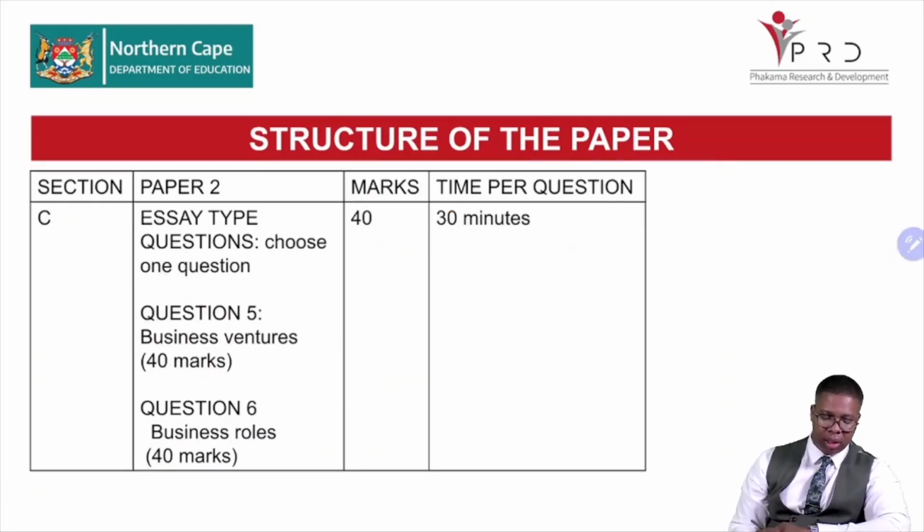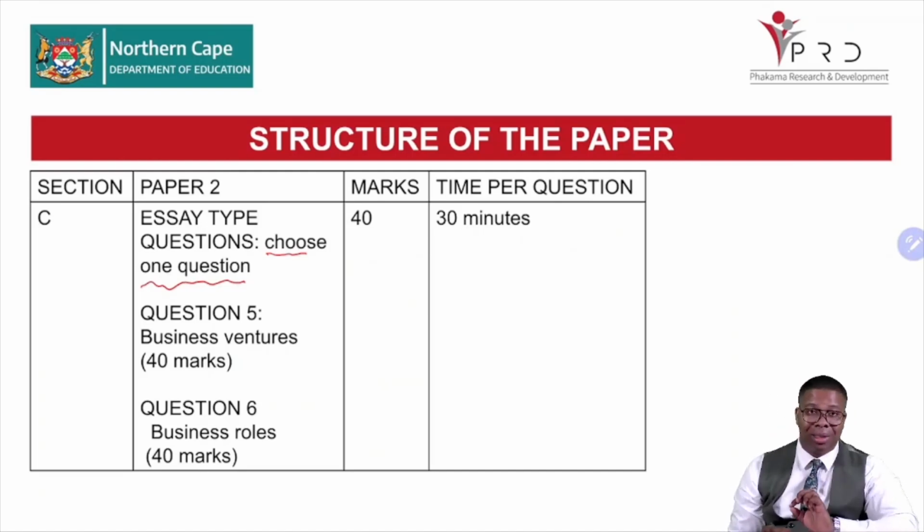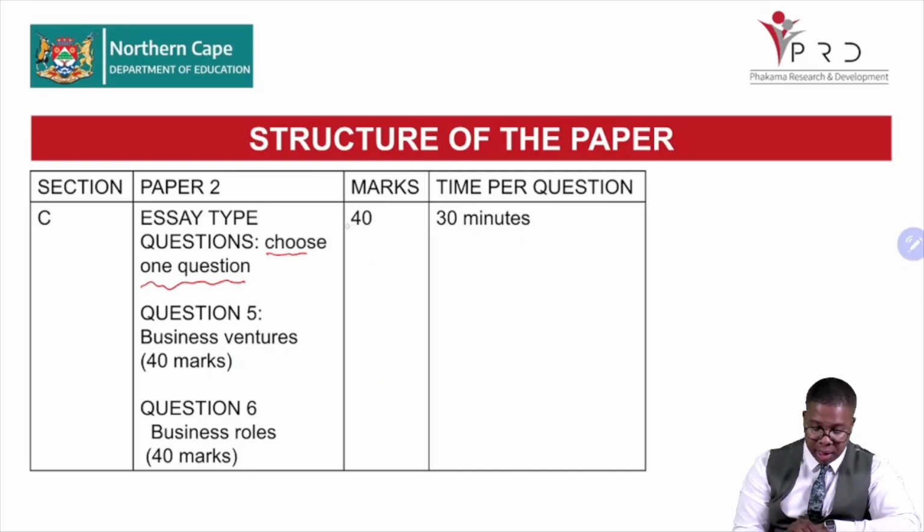Then as we proceed, we have section C. In section C, there's an important instruction at the beginning as well, which says choose 1 question, because you have 2 questions, but you only choose 1. This is your essay type question, whereby you are expected to write an essay for 40 marks, and the time you should spend writing your essay is 30 minutes.